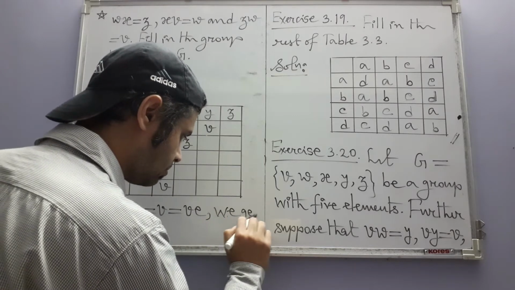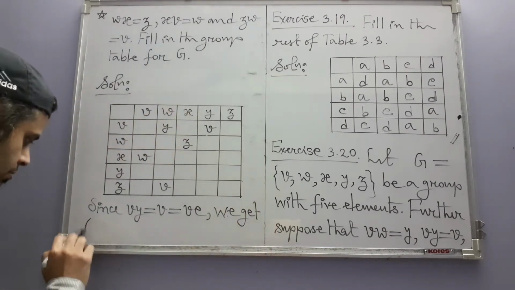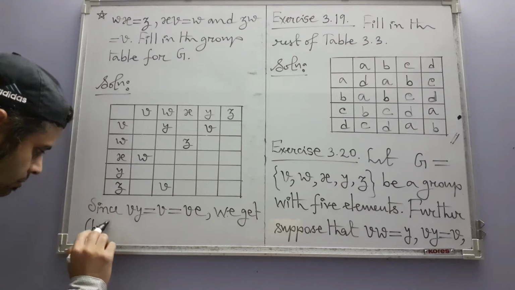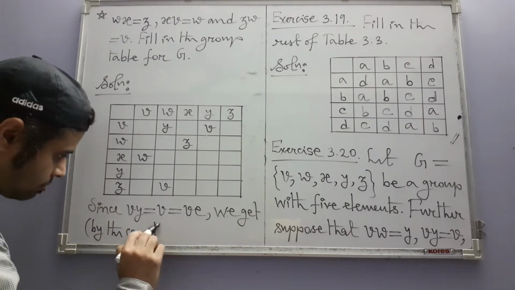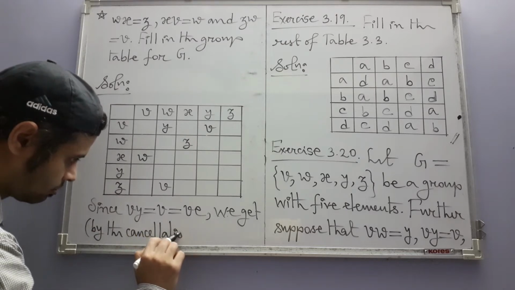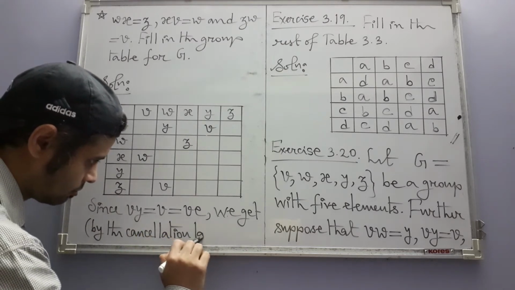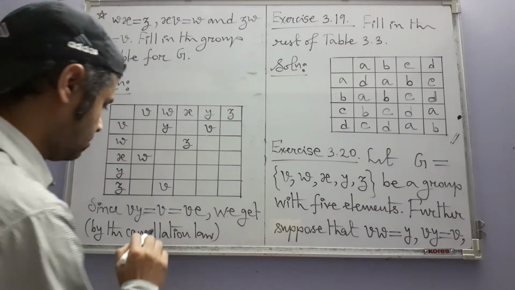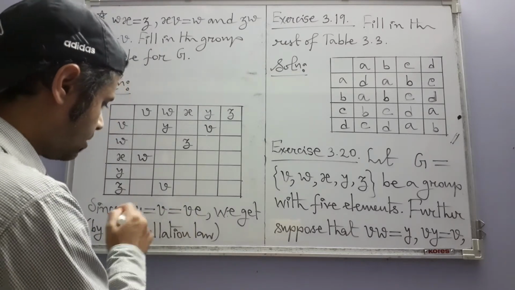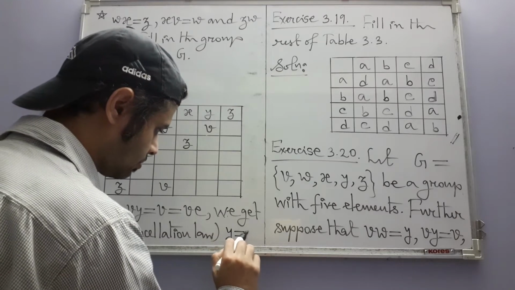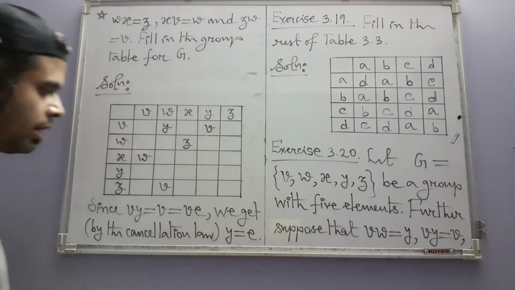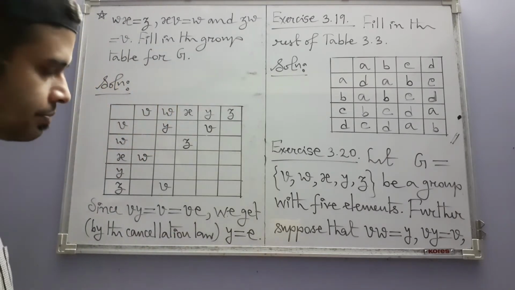We get, by the cancellation law, you can cancel V from both sides and obtain Y equal to identity.